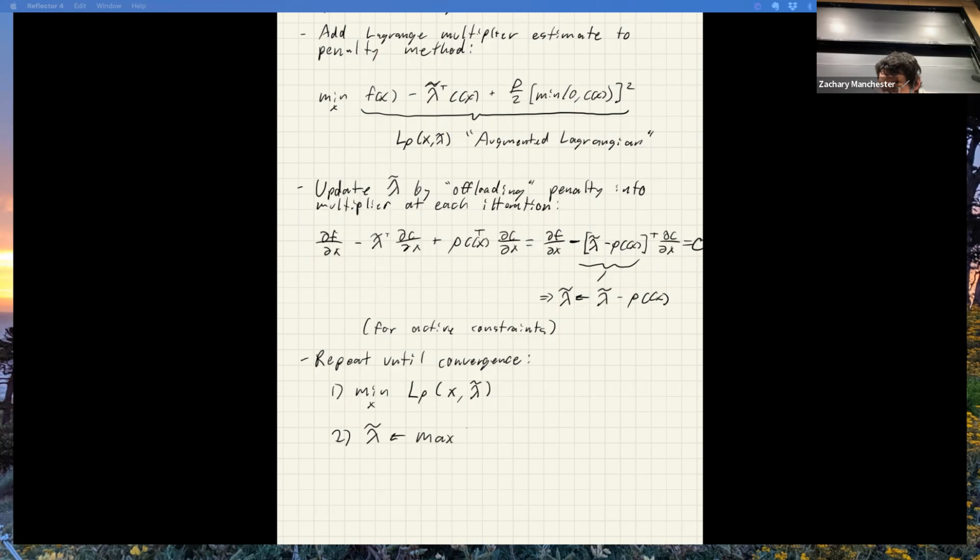So here's sort of the trick for active constraints specifically. This is basically just clamping stuff to keep lambda non-negative, right? Does that make sense, everybody? So we want the Lagrange multipliers to always be positive in the inequality case, right? So that's making sure that happens.